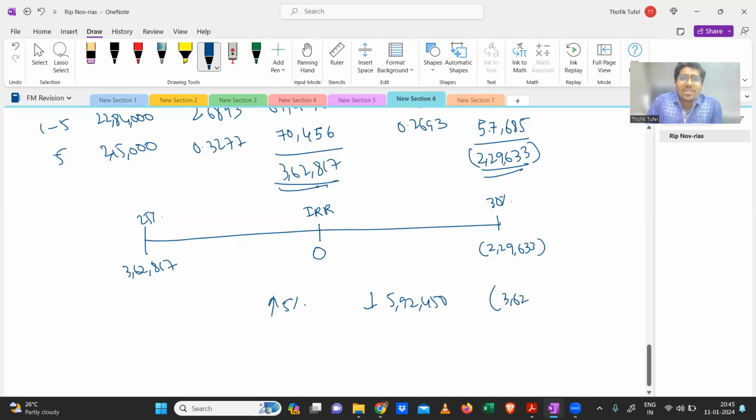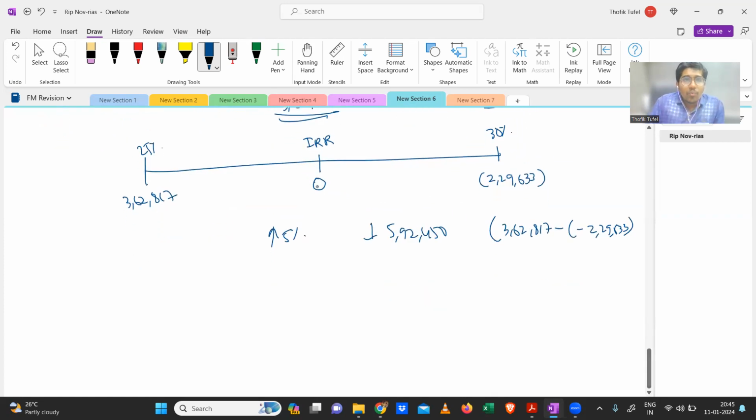This is nothing but 3,62,817 minus of minus 2,29,633. I just have to see how much it has reduced. Now, what percentage increase will reduce my NPV to 0? When my NPV will become 0, it has to reduce by 3,62,817.